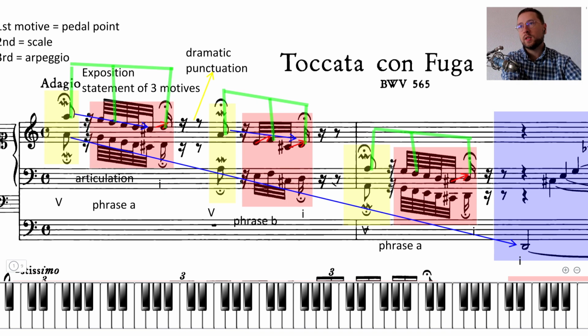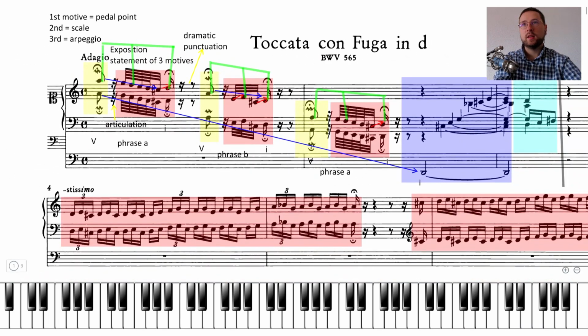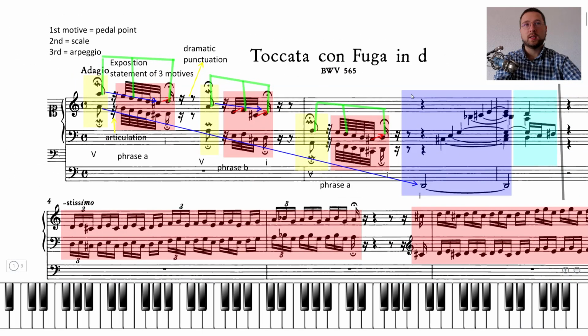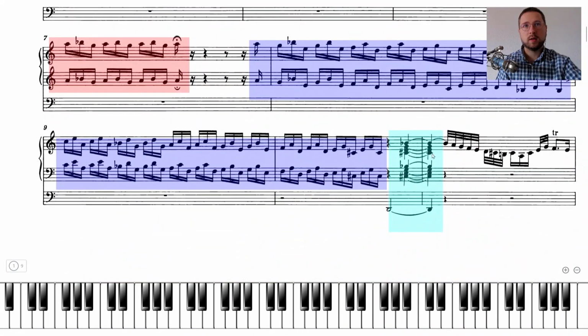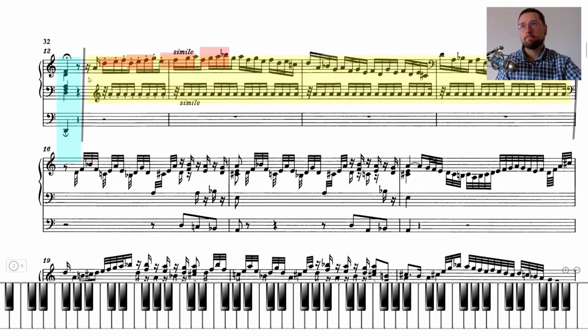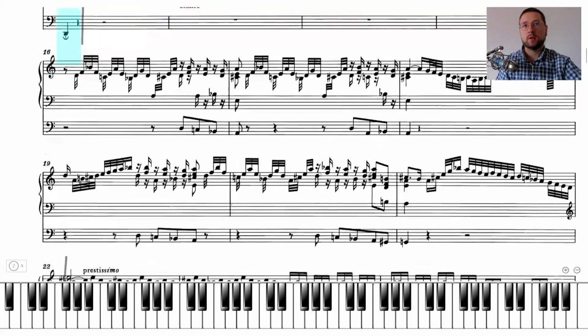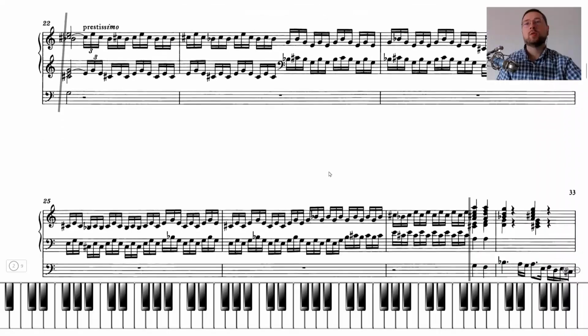But pauses are really present here, and throughout the entire toccata you can find this very unusual presence of silence. I mean, we have here this pause, another pause. Everything is super articulated. You have silences everywhere, all over the place. So that's not something that you would see much in Bach.